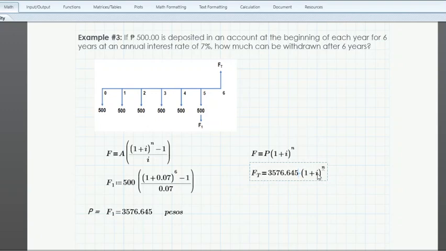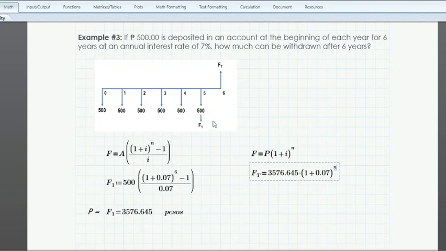The interest did not change. We have 7%, that is 0.07. As for N, earlier we had 6.